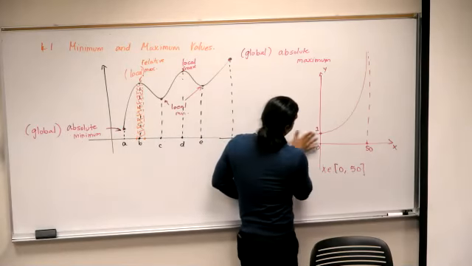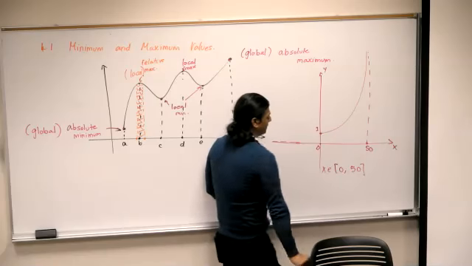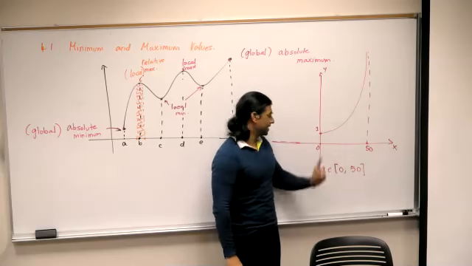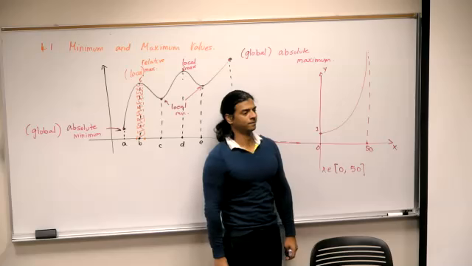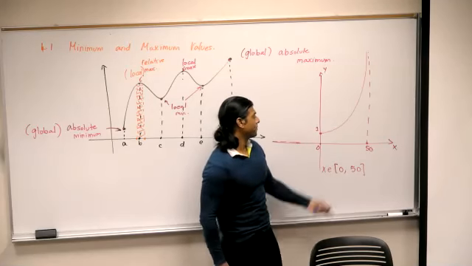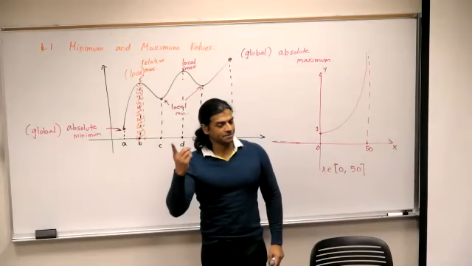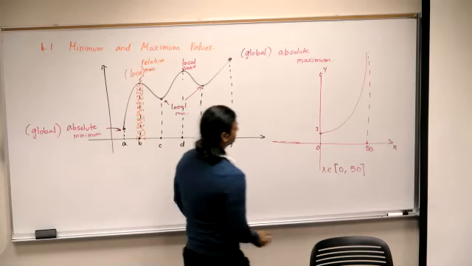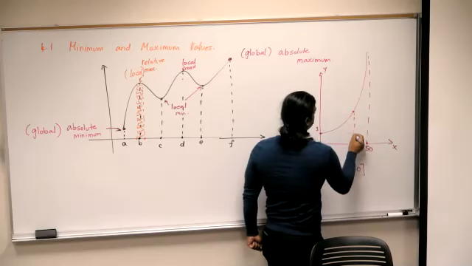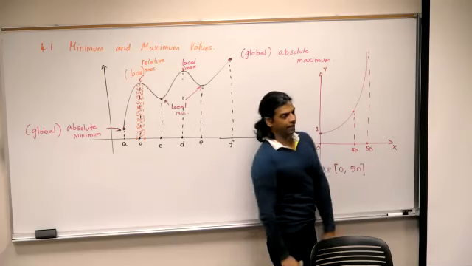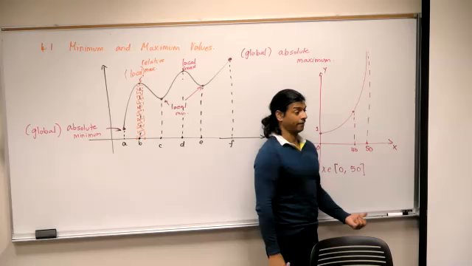There would be no local maximum if I only define from 0 to 50. Does it have a maximum? No. But if I restrict it to this point, say 40, does it have a maximum? Yes. Good.